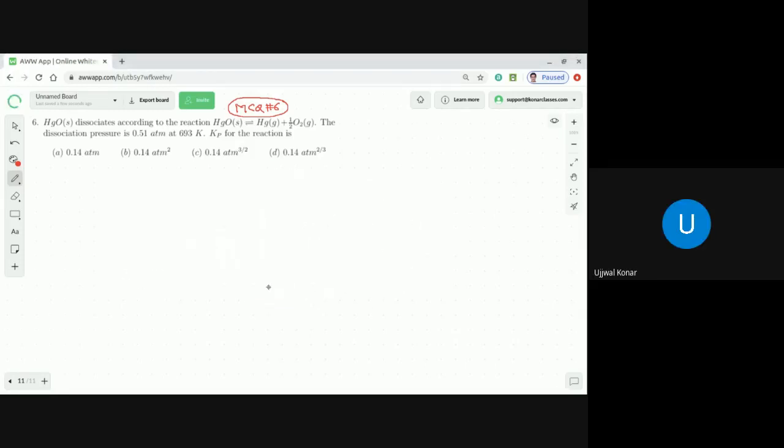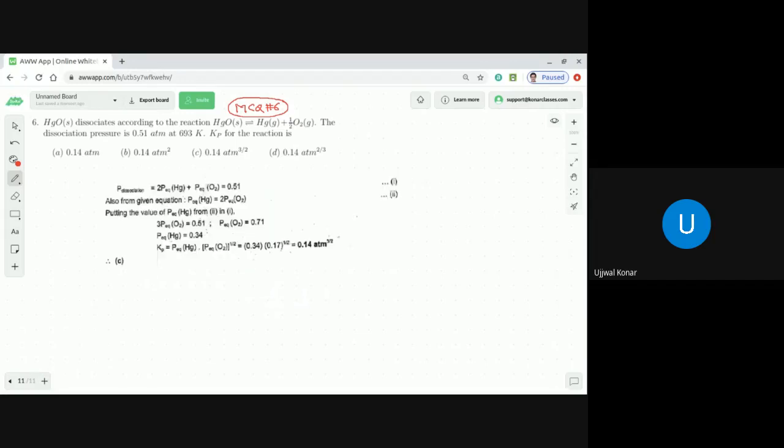Exactly. I hope you understood. I think just by looking at option A and seeing the value 0.14, you just clicked option A, right? That's what I think happened, right, Pratik? Yes, sir. Okay, now let me go to question number 7.